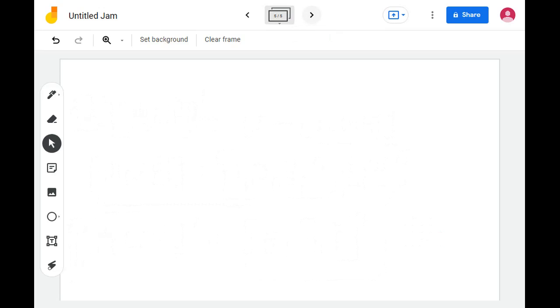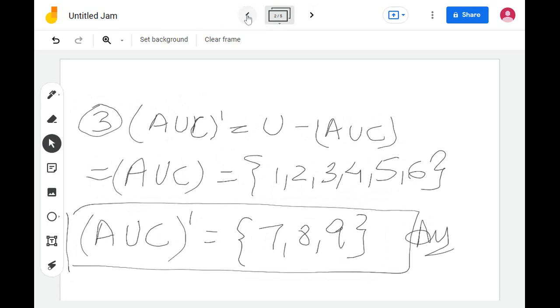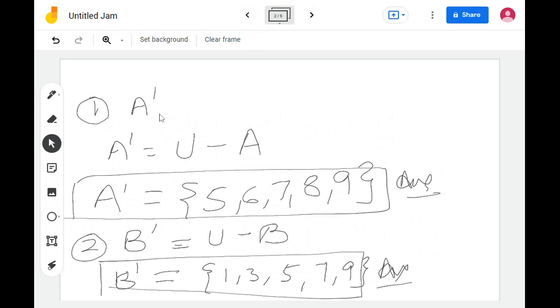Now the fifth part is A complement's complement. We have to find the complement again. We found A complement in the first part. A complement is 5 6 7 8 9.